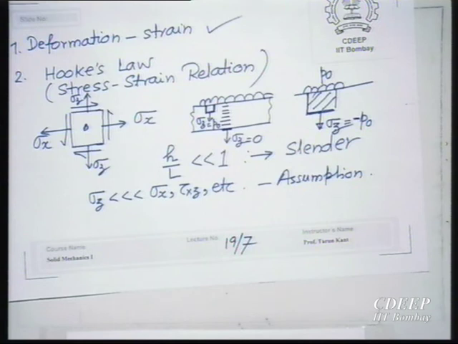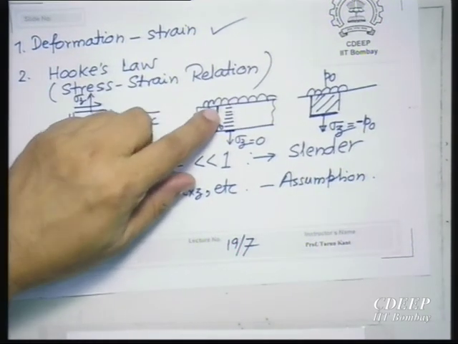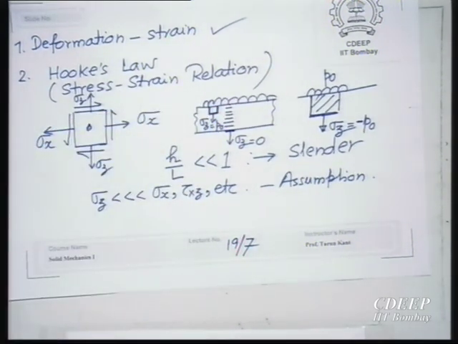Because whenever you make an assumption, it should be reasonable. So this is a reasonable assumption. Yes, if the thickness of the beam is small, the value of sigma z will be very small, because loading is applied only from one side, and sigma z is present only in a small zone which is close to the loaded surface.